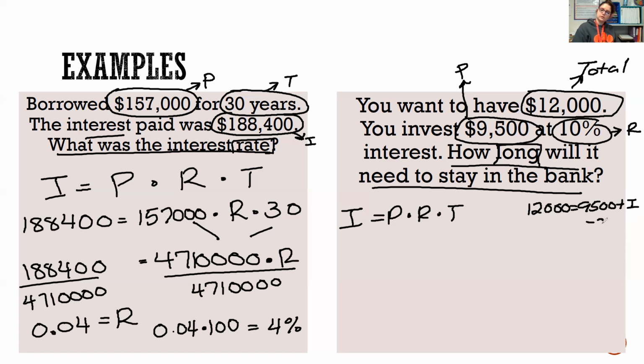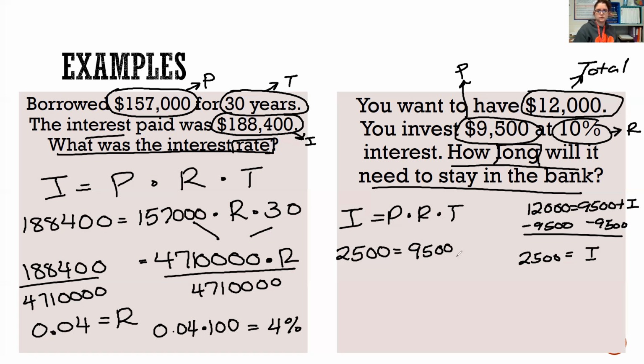But we're given the total, 12,000, and we know the total equals the principal plus the interest. We're going to undo addition with subtraction. So 12,000 minus 9,500. So our I, our interest, is $2,500. My principal is $9,500. My rate is 10%. 10 divided by 100 is 0.1. And we're looking for time.